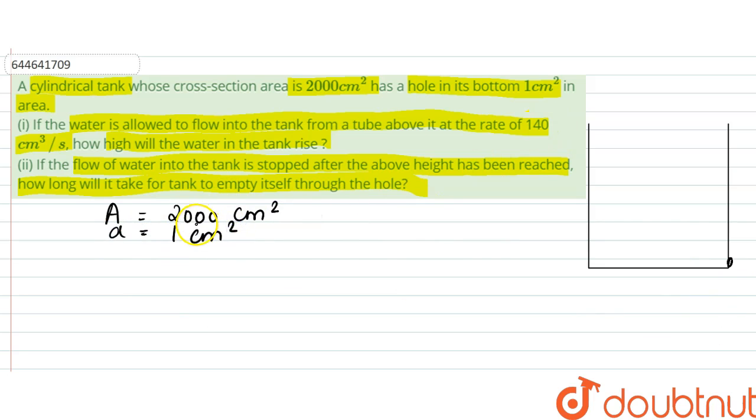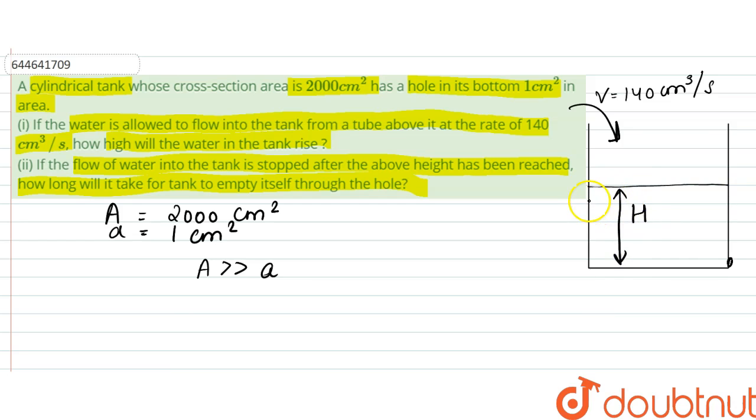Now, since capital A is very much greater than small a, the speed at which we are inserting this water is 140 centimeter cube per second. That is the rate at which the water level is rising. So let's say that it reaches a height h here.